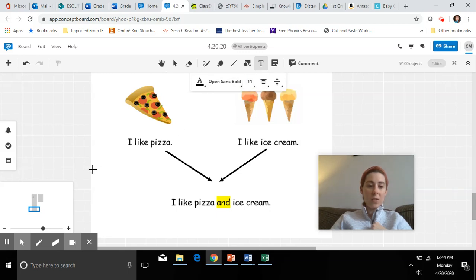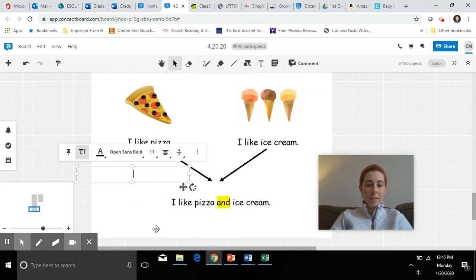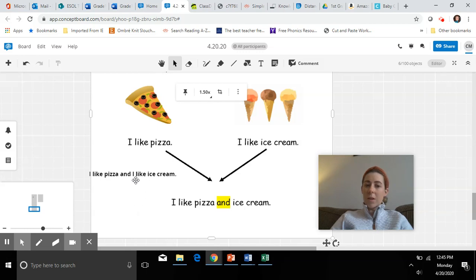Let me give you something not to do. We're not going to connect them together like this. I like pizza and I like ice cream. Okay? We're not going to connect them together saying, I like, I like.